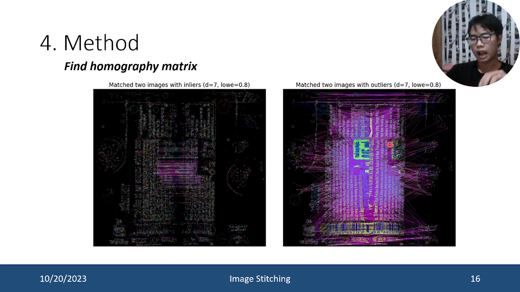So what solution can be robust to the outliers?